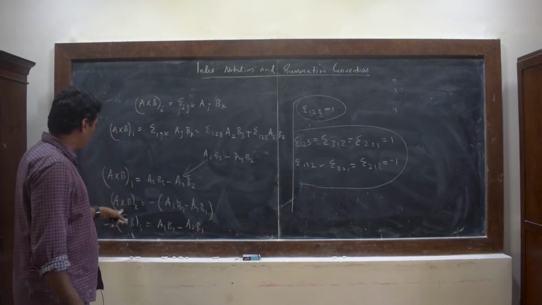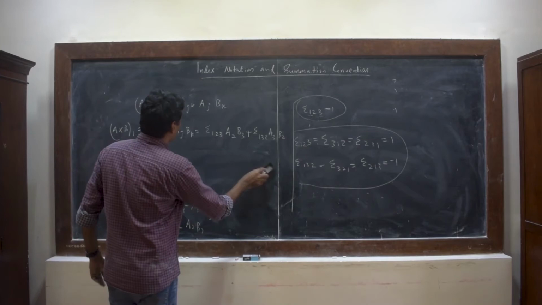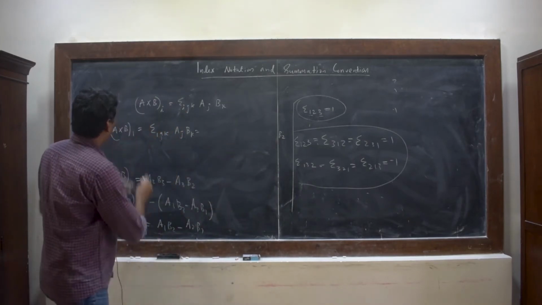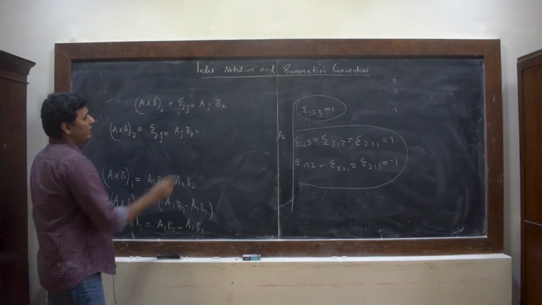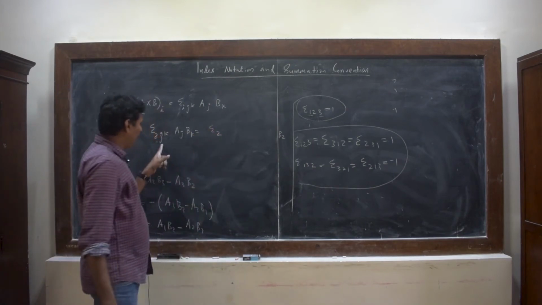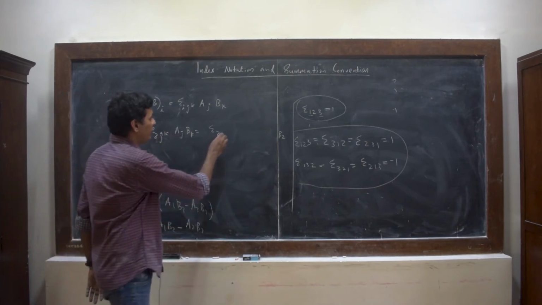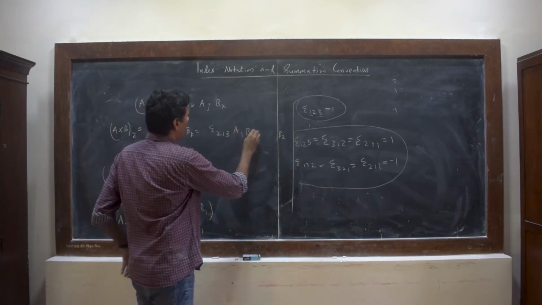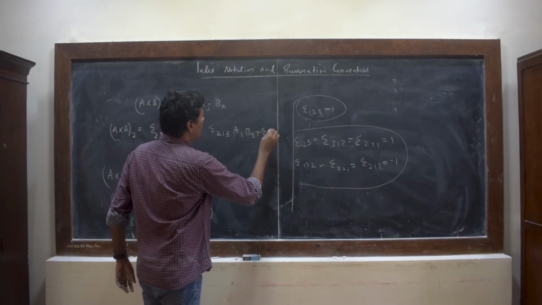And similarly, you can look at the y component. So you want the second component, right? So that will be epsilon 2jk aj bk. If it is 2, then j and k must be equal to 1 and 3, right? So the first case is 2, 1, 3, and then you will have a1 b3, plus epsilon 231 a3 b1.